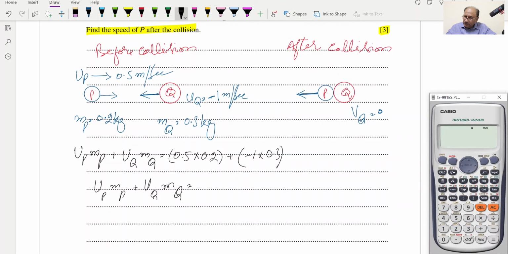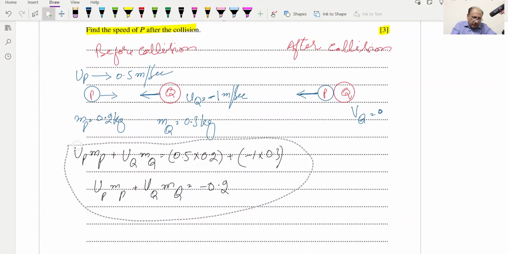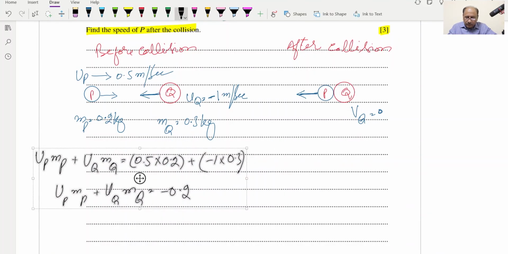We can simplify this with the help of a calculator, and it is equal to minus 0.2. So minus 0.2 is the momentum before collision, the collective momentum of both objects P and Q.